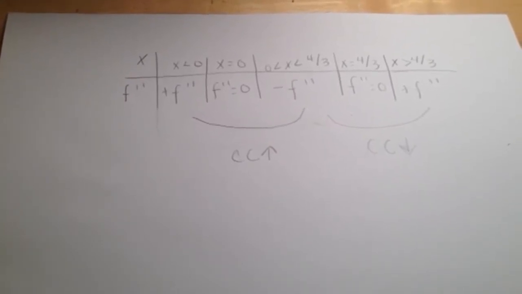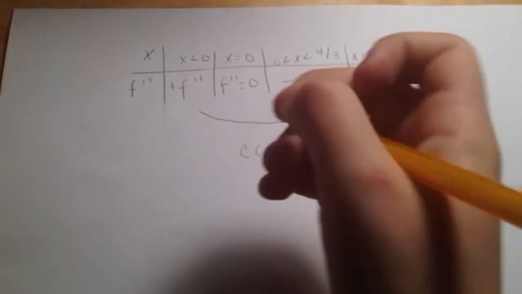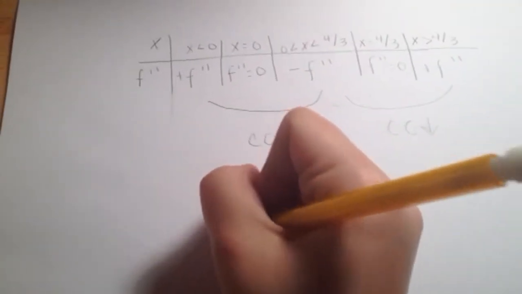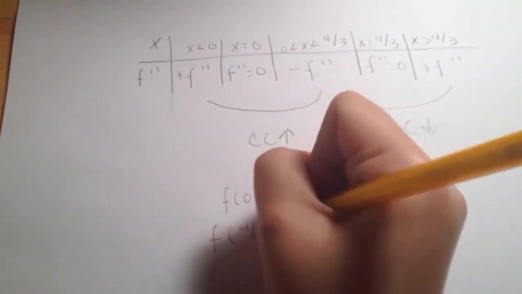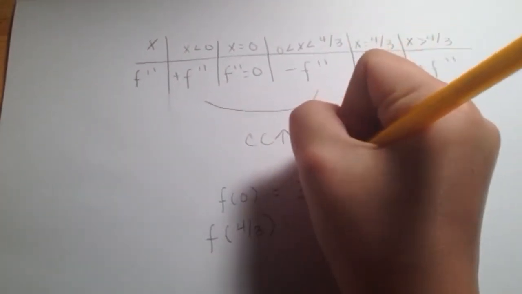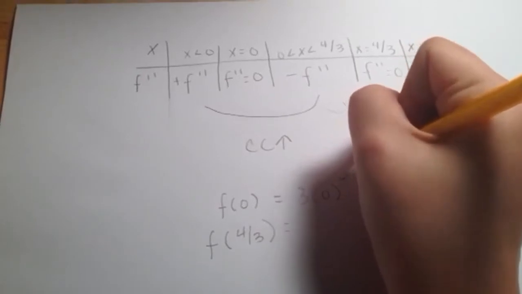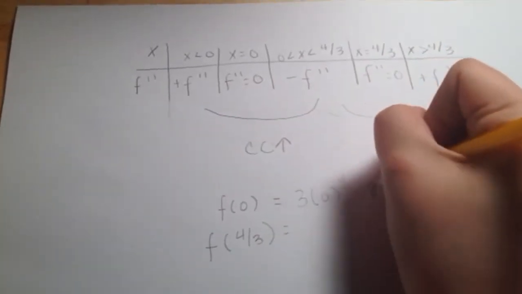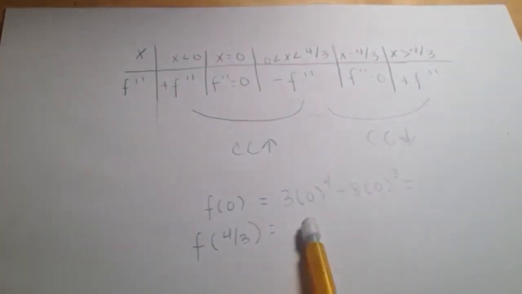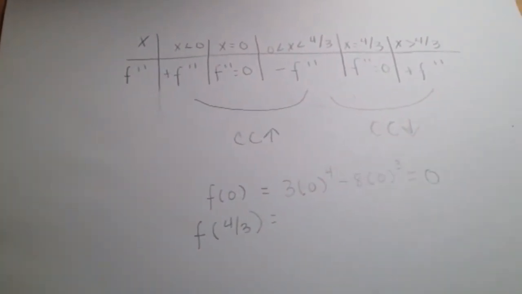So we can plug our x values into the original function. So f of 0 and f of 4/3. So we get 3 times 0 to the 4th minus 8 times 0 cubed. So when you get 0 minus 0, you're left with 0.